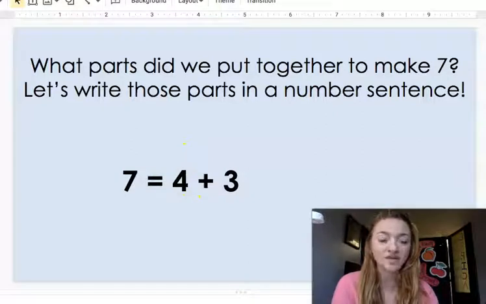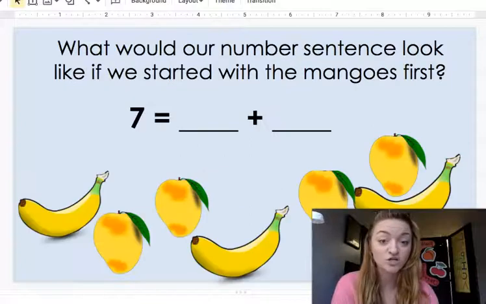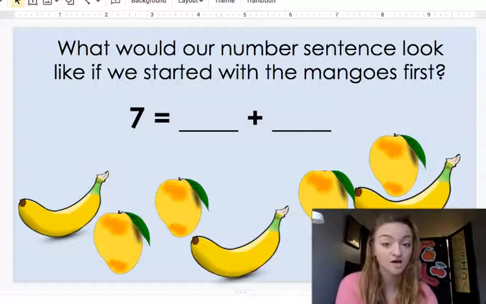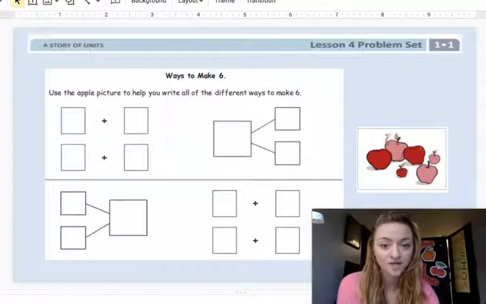We're going to keep thinking of this idea of making number sentences for a total number and thinking of different ways to make up a number and break up a number into parts as we start our problem set. So let's get started. Our problem set today is all about ways to make 6.